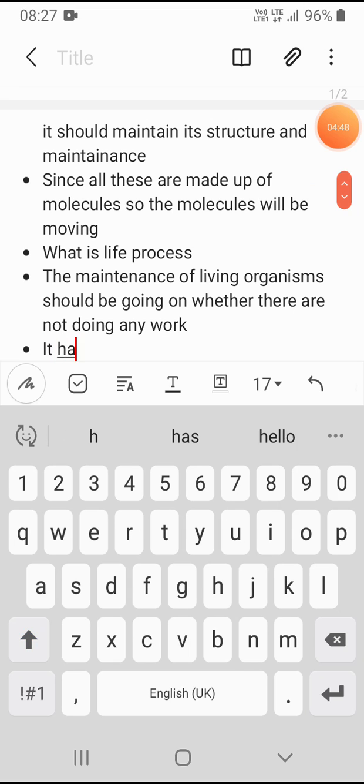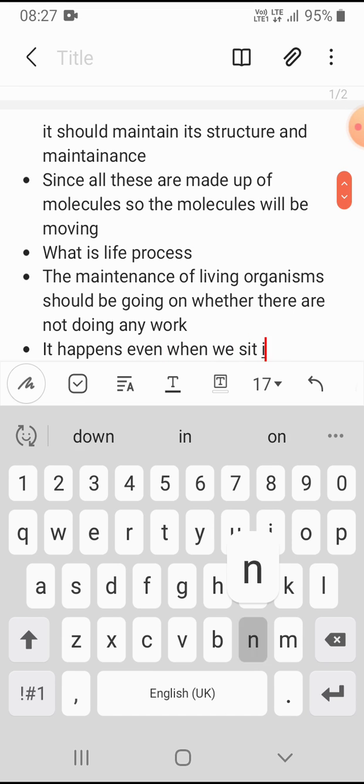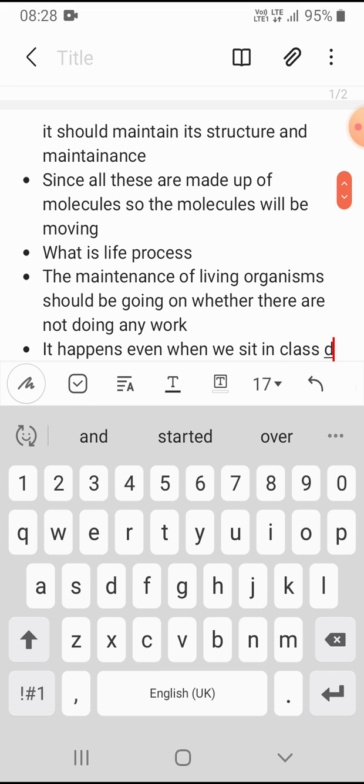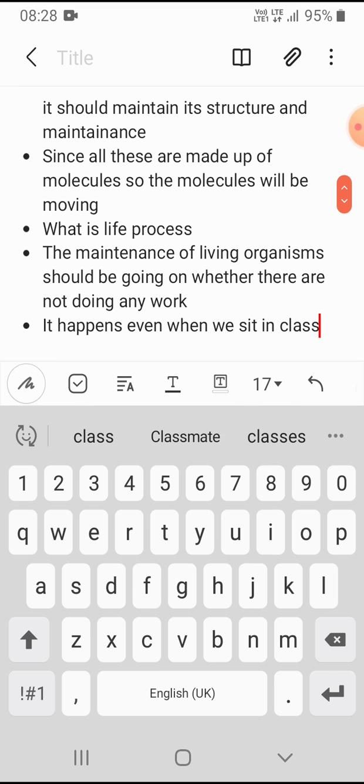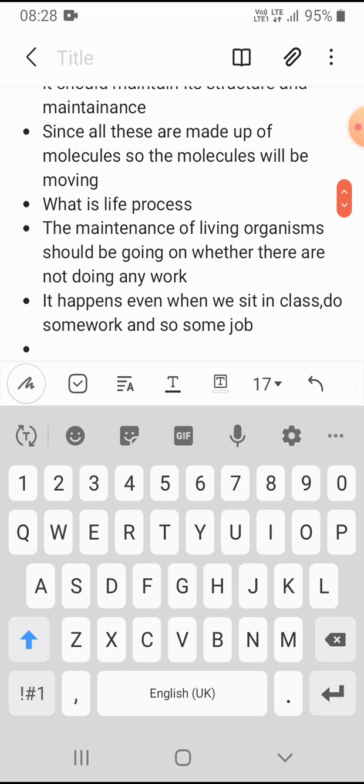The maintenance happens even when we sit in class, and when we do some work or some job. At that time also the maintenance of the cells is going on.